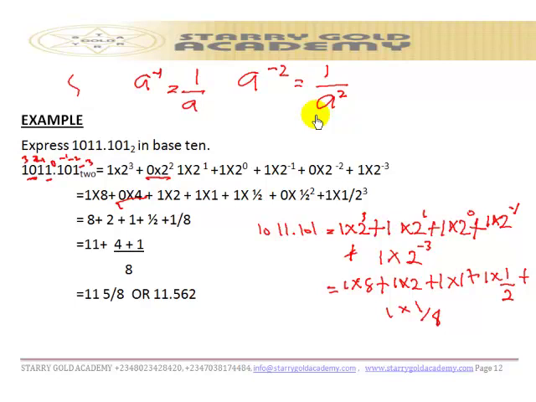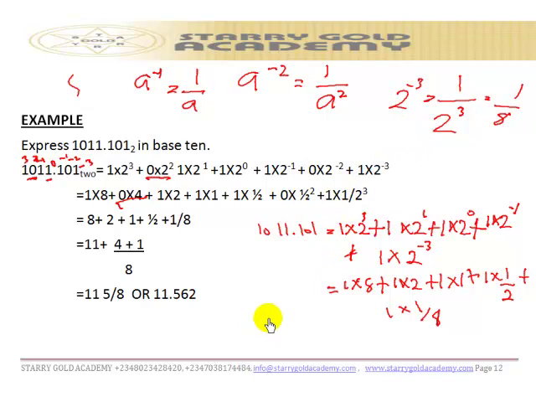So when you have a negative index, your answer will be 1 over the positive. In this case, I have 2 raised to power -3, so my answer will be 1 over 2 raised to power 3, and that's 1 over 8. I guess that's understood, how to deal with a negative index in number bases.